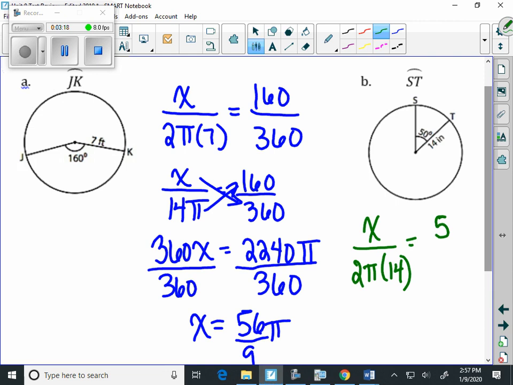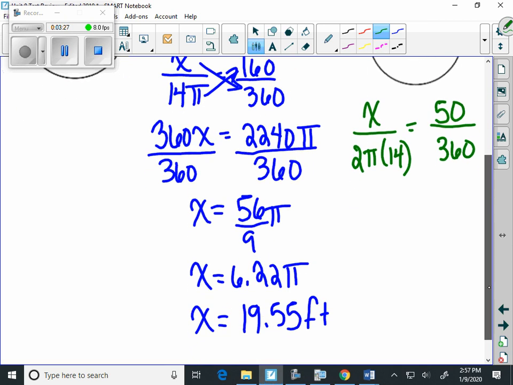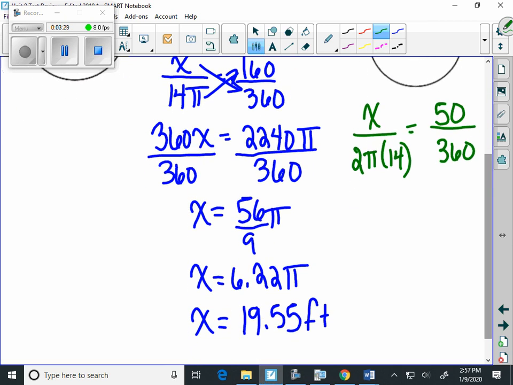And then equals 50, the measure of our central angle, which is the same value as the measure of the intercepted arc, divided by the fact that there's 360 degrees in a circle. So we can simplify that a little bit. It's x over 28 pi equals 50 over 360.